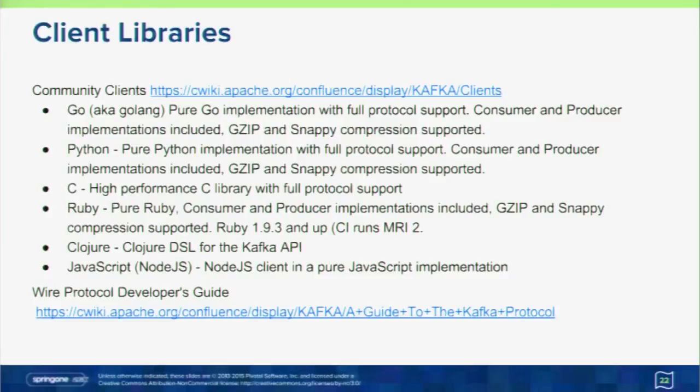All right, so client libraries. First, before I talk about client libraries, let's talk about the wire protocol real quick. When Kafka communicates either between brokers or between producers and consumers, it does it over TCP/IP, and it uses our own custom byte structure, right?